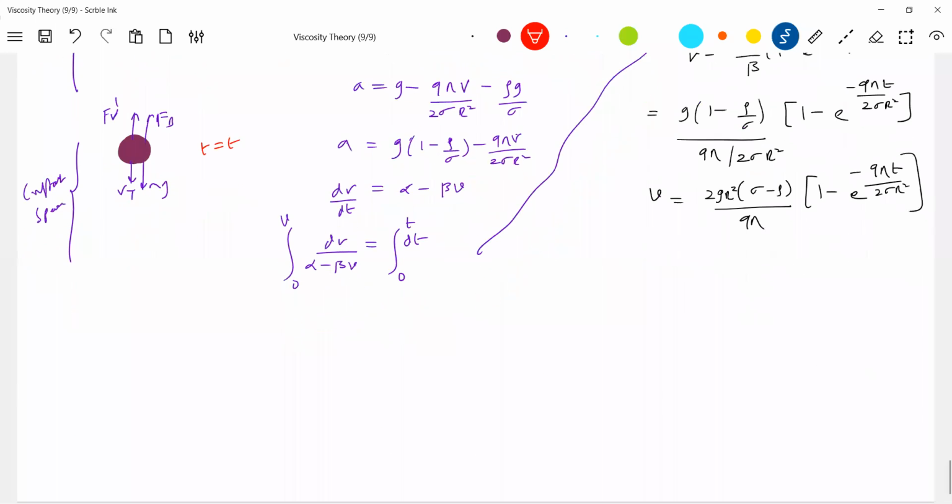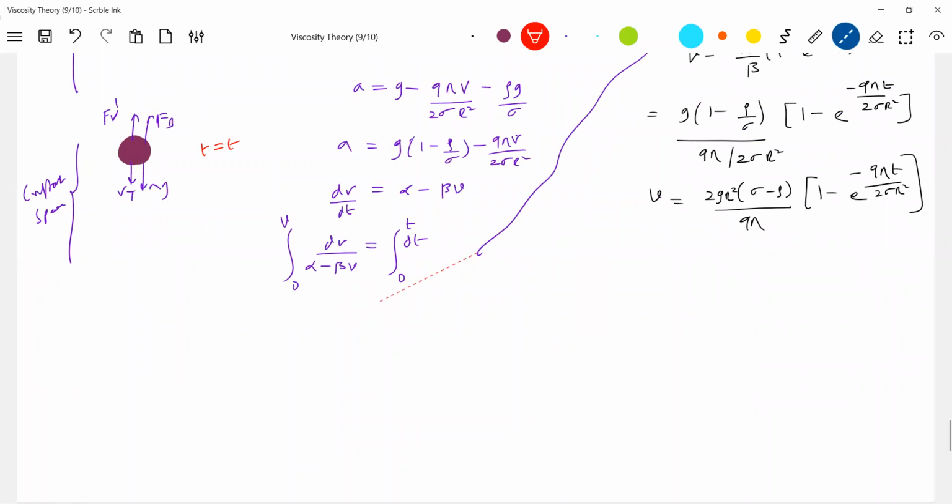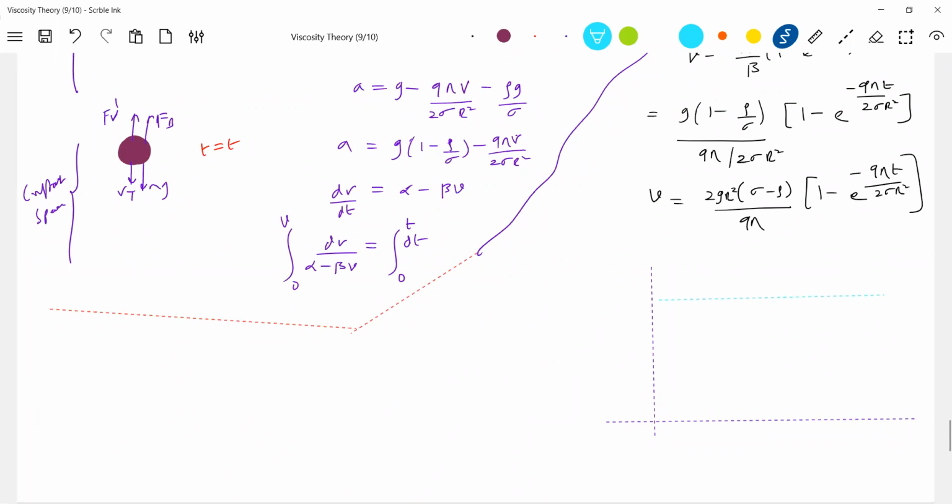So now how will the graph be? If I plot it, the graph will be an exponentially increasing graph like this. So this is the expression for V, and this is the terminal velocity.